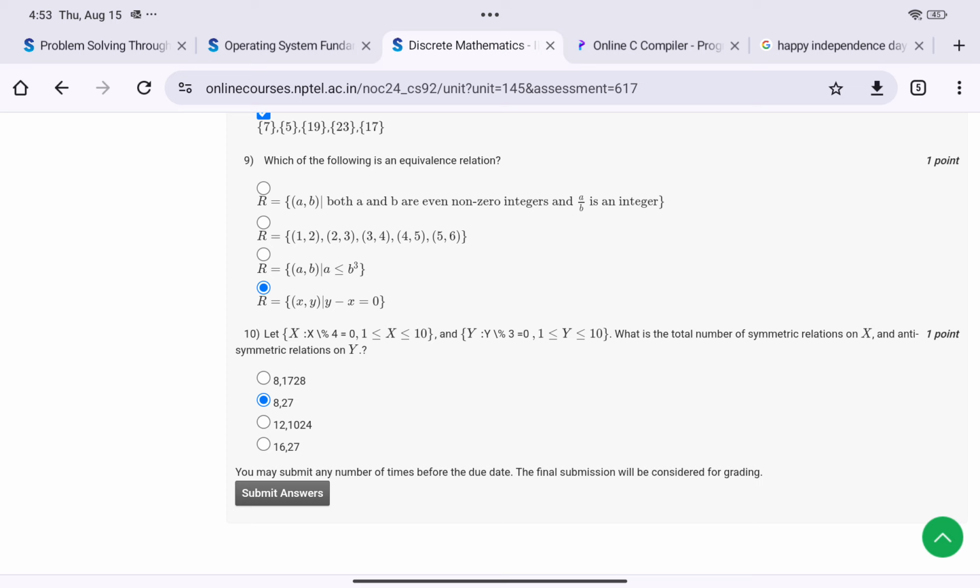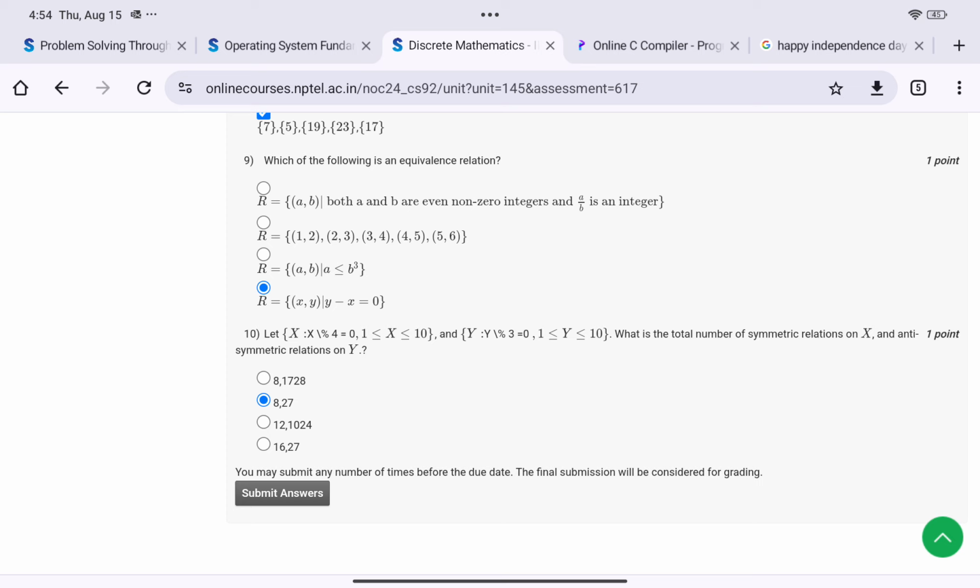First option: both A and B are even non-zero integers, and A/B is an integer. Now you can see if I take A equal to 2 and B equal to 4, 2 is an even number, 4 is an even number, but 2 upon 4 is not an even number. So it fails. Second is similar, third is also similar.